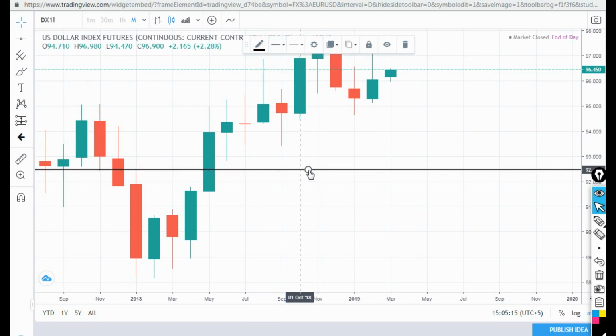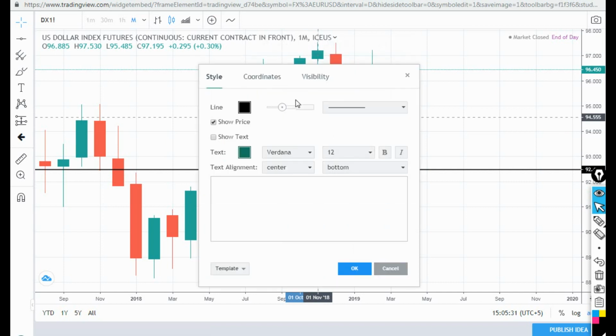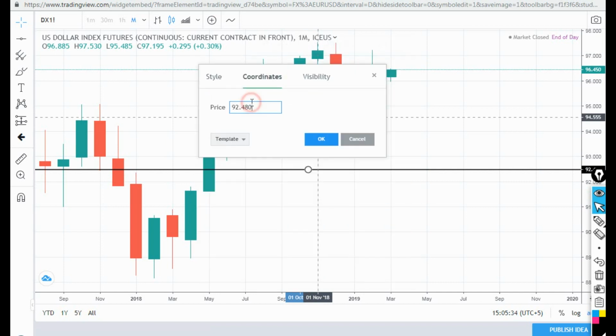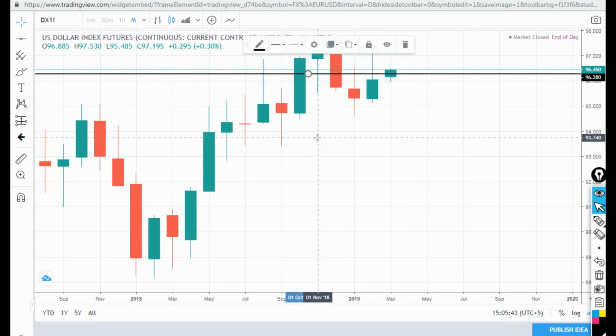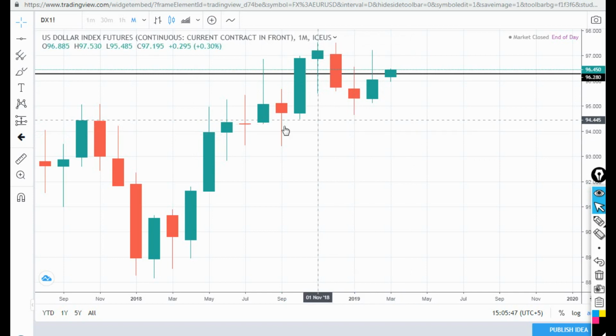It's so dark now I think, but for visual it's okay. Go to the settings. In settings you can easily enter 96.28, and it shows here.